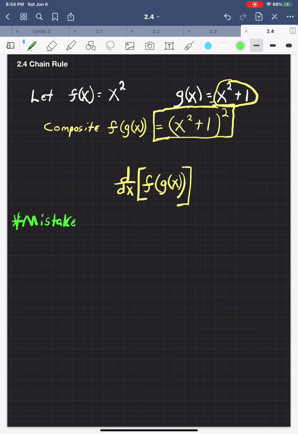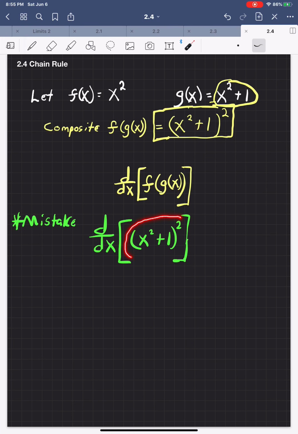So if I want to take the derivative of x squared plus 1 squared, let's assume the student thought, well, wait a minute, I've done stuff like this before.